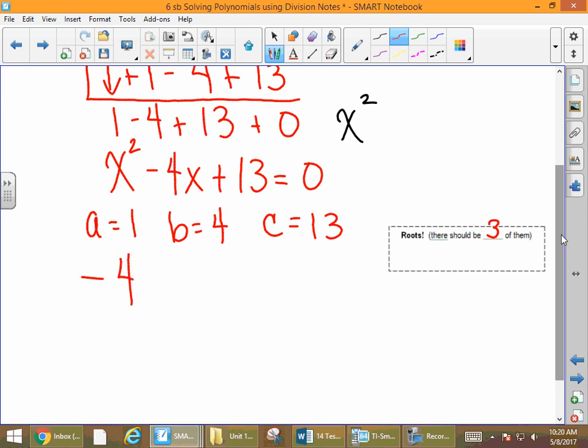The opposite of B, plus or minus the square root of B squared, and I need to put my right value for B there.